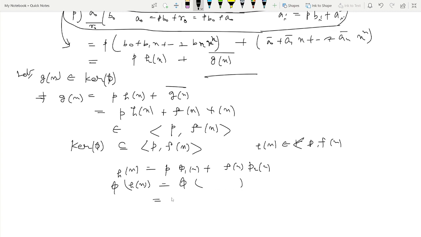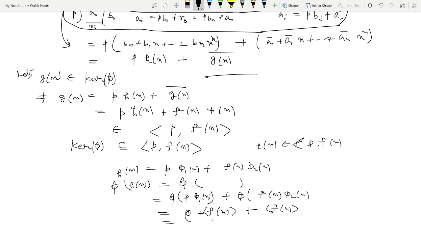Since phi is a ring homomorphism, we have phi of p phi1(x) plus phi of f(x) phi2(x). Now by the definition of phi, the first is 0 plus that ideal generated by f(x), and since the second belongs to the ideal generated by f(x), it will also be the ideal generated by f(x).